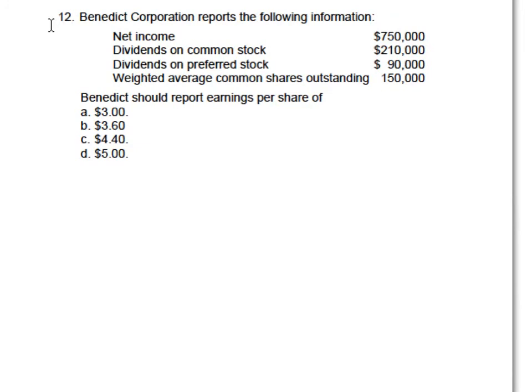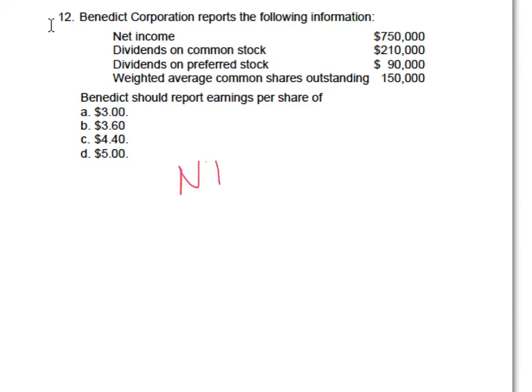Number 12 says Benedict Corporation reports the following information: net income, dividends on common, dividends on preferred, weighted average common shares outstanding. They should report earnings per share of, well, when we're talking about earnings per share, we are talking about earnings per common share.